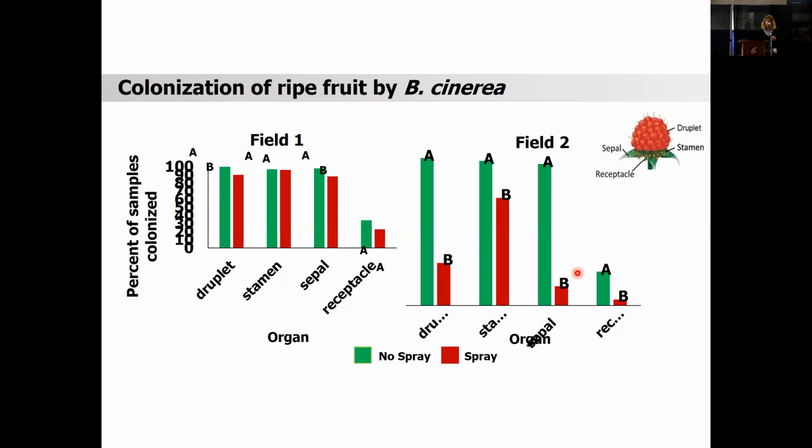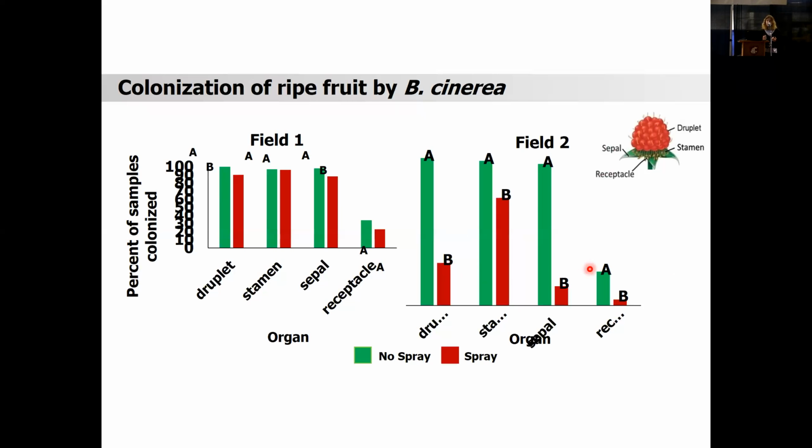If you look at field number 2, we see a different picture. We see that the level of colonization of especially drupelets, which is of main interest as the fruit that we harvest, was significantly lower from the sprayed field compared to the non-sprayed field. One of the possible explanations for such big differences between the two fields can be their age.